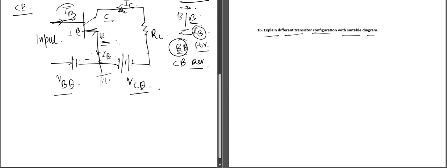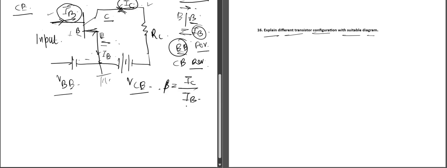Here in this case, the input current is IB and the output current is IC. Since IB is very low, the majority of the emitter current is passed on to the collector. So the value of the collector current is high and the value of the base current is very low. The current amplification factor is the output current by the input current.